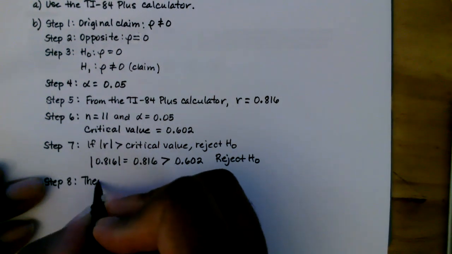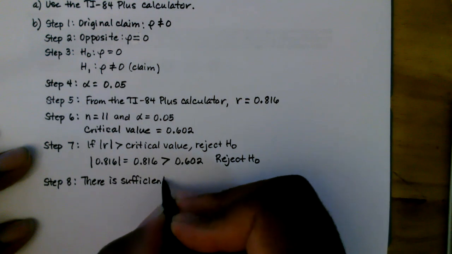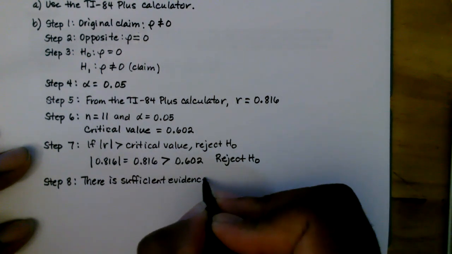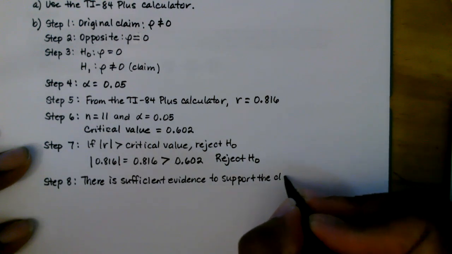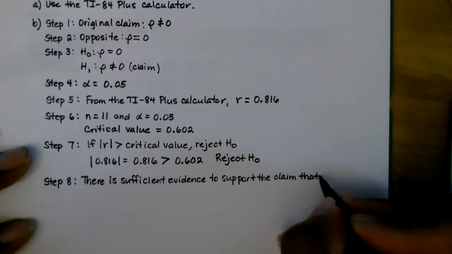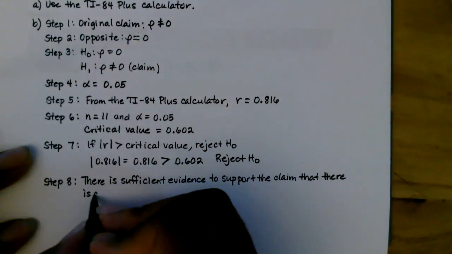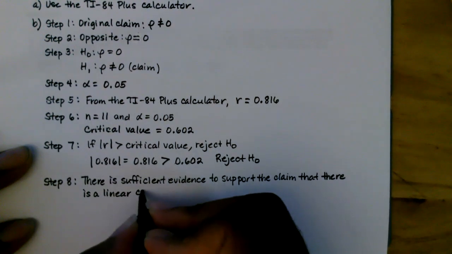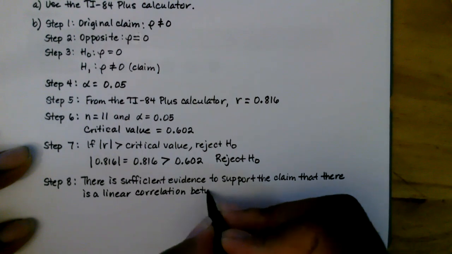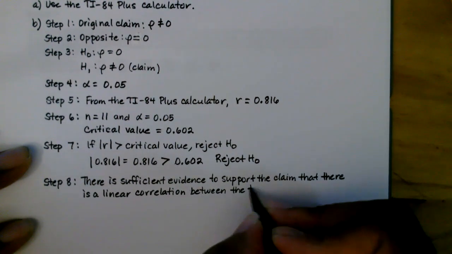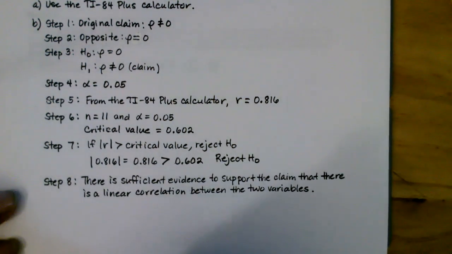So that means that there is sufficient evidence to support the claim that there is a linear correlation between the two variables, x and y. Okay.